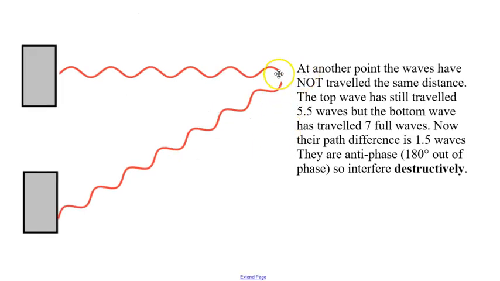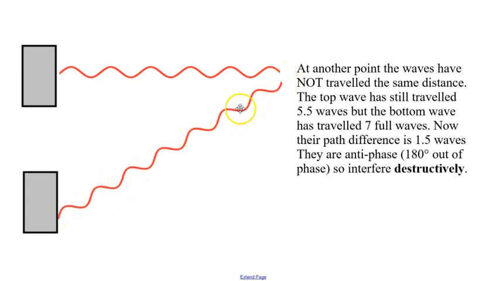If we consider a point as shown here, which is in front of one of the speakers, we have the same wave format as we had previously from the one at the top. The one at the bottom, these waves now have to travel a little bit further. They've travelled a greater distance, so they're no longer going to be in phase in this particular example.